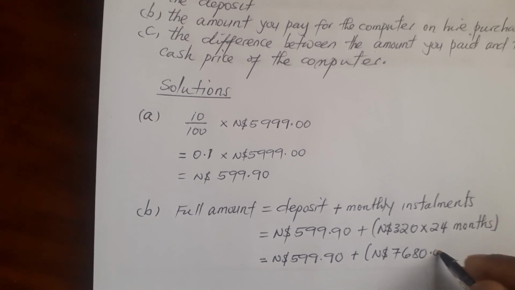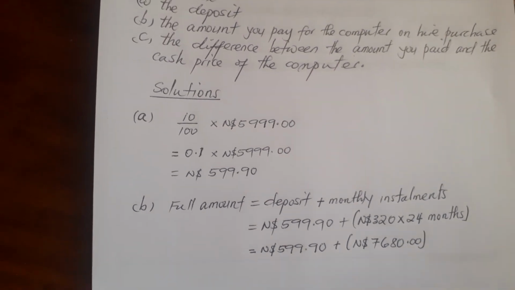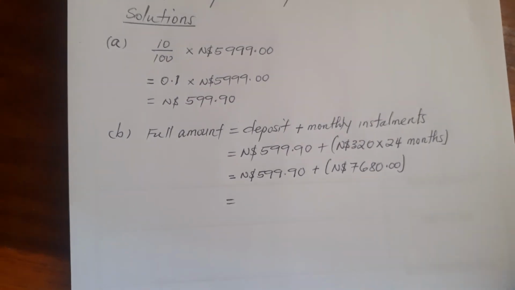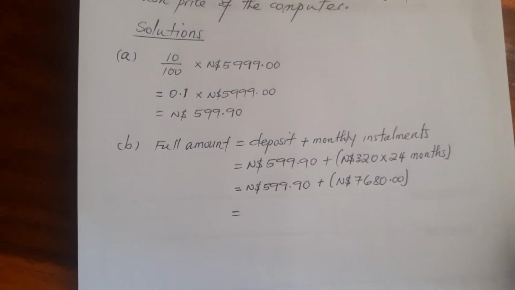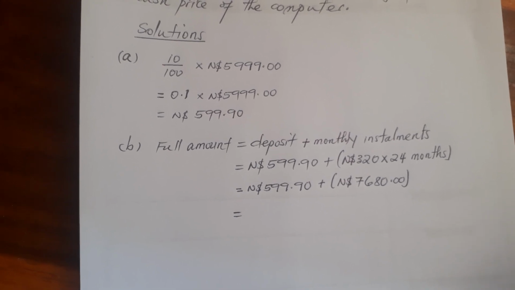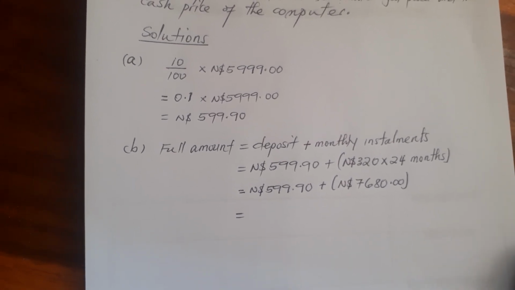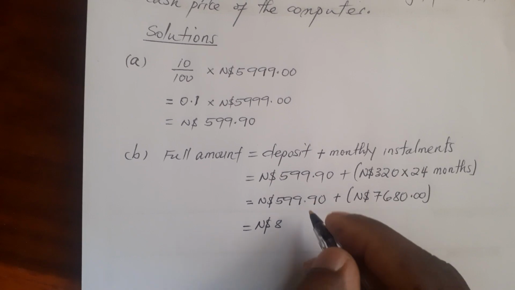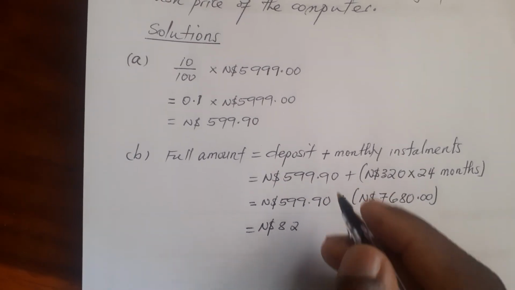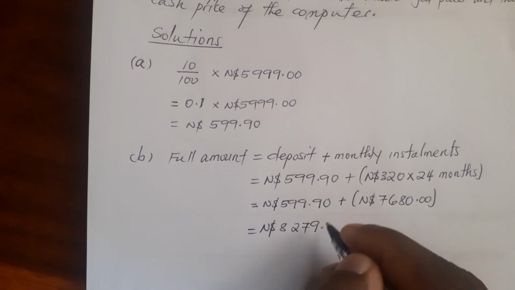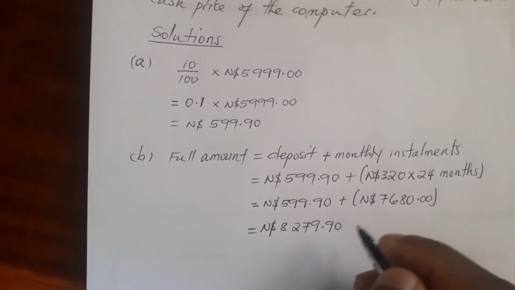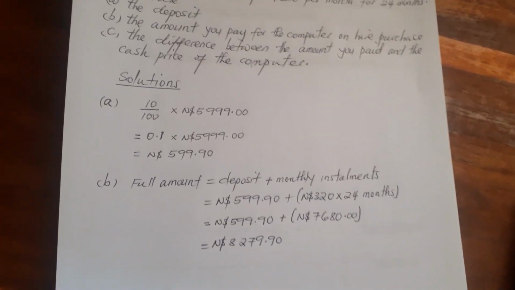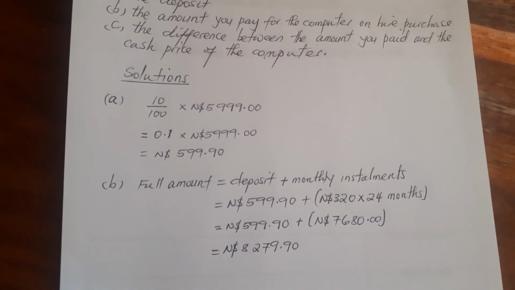You can also write it to 2 decimal places, it's fine. Actually, you don't need to put that in brackets, just a mistake. And then you now add that to 599.90 cents. You should get 8,279.90 cents. So that is the full amount that you have to pay after 24 months.